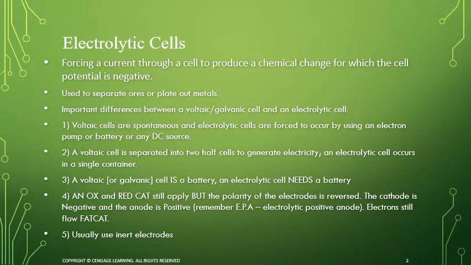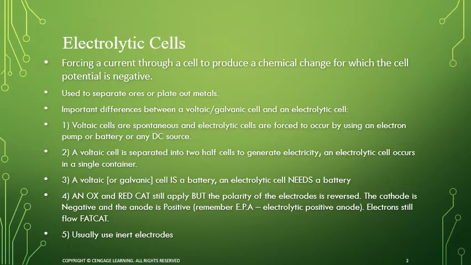For the electrolytic cells, we are forcing a current through a cell to produce a chemical change for which the cell potential is negative. So if you remember, we would have a positive delta G in the situations where the cell potential is a negative value, and so that would mean that it would not happen on its own.